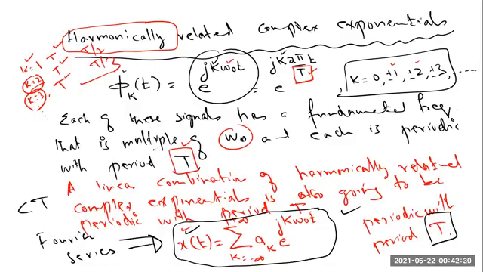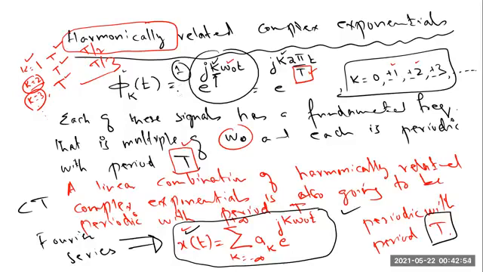Now, you also need to keep in mind that this k is shown to be varying from minus infinity to plus infinity. So if you consider different values, for k equal to 0, we know that we will get a constant function. If you put k equal to 0 over here, you will get 1, which is a constant signal.